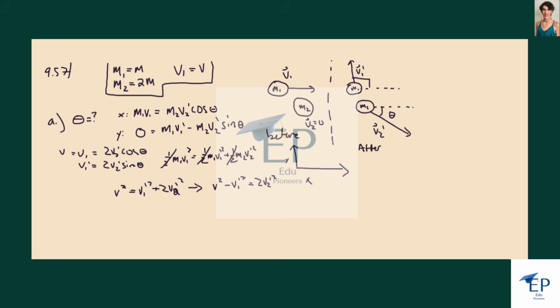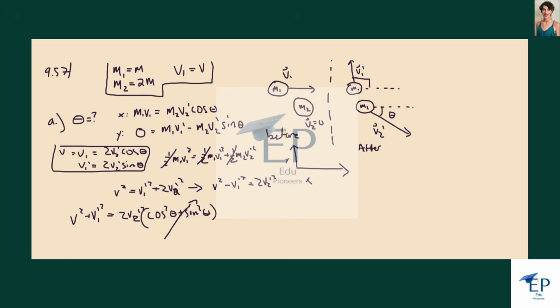Well, we can square both of these equations and add them together. What that gives us is v squared plus v1 prime squared equals 2 v2 prime squared times cos squared theta plus sine squared theta.